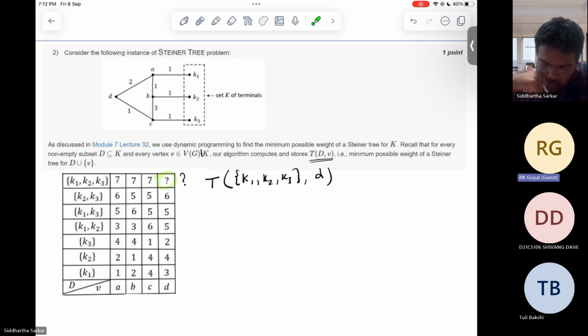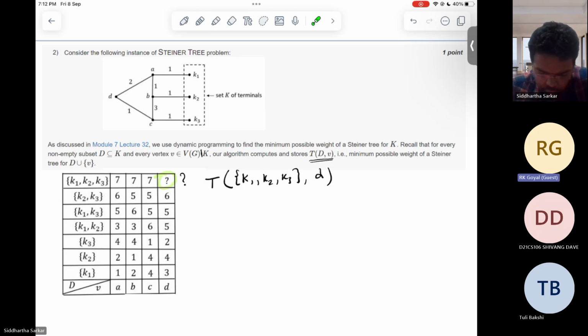So the second possibility could be that we do not consider the vertex D at all. If we do not consider this vertex at all, then the shortest distance of the terminals will not make any sense.